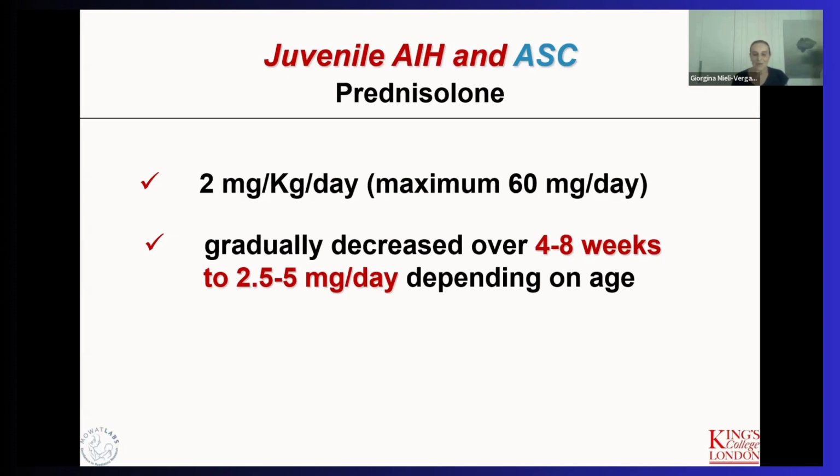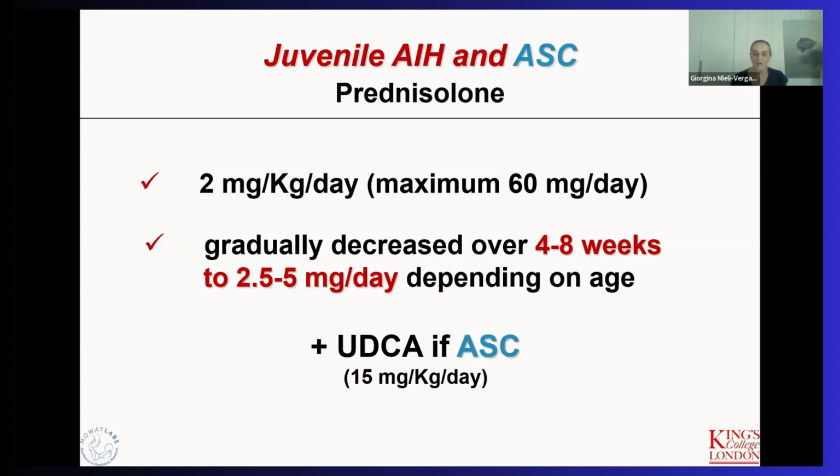But also, it's important to decrease the dose quickly because you don't want steroid side effects and you do not want non-compliance to the treatment. Of course, if a girl who is 15 becomes really Cushingoid, she will never continue to take her medicine. What we do is to try to avoid the side effects of steroids by decreasing the dose very quickly.